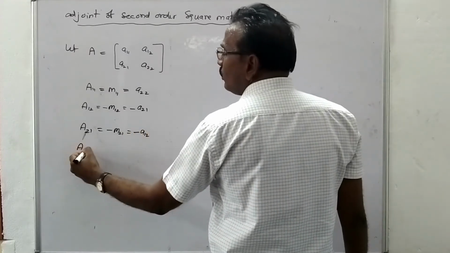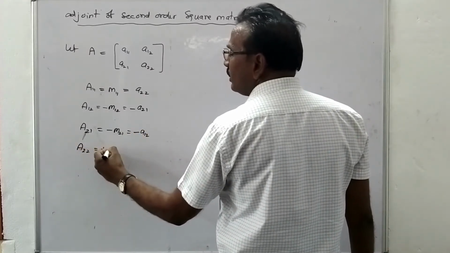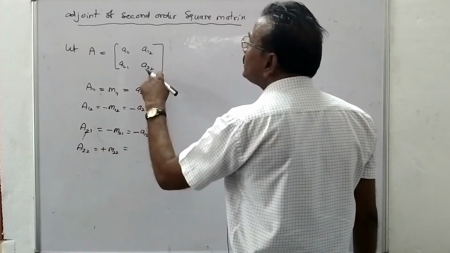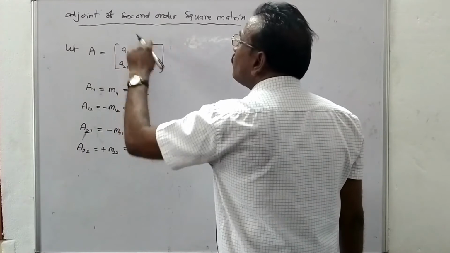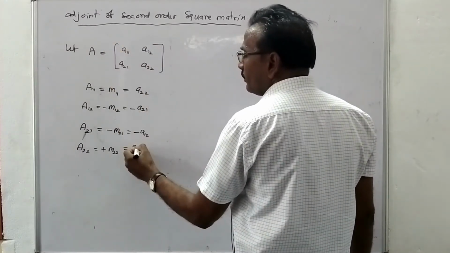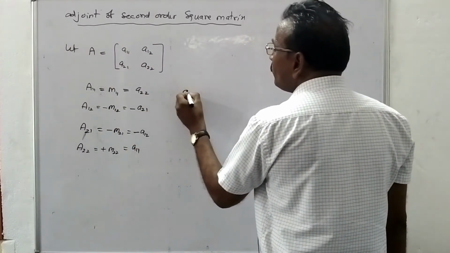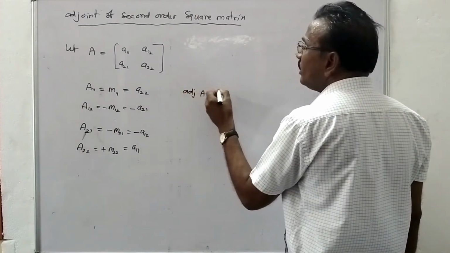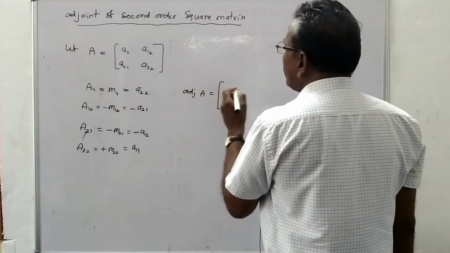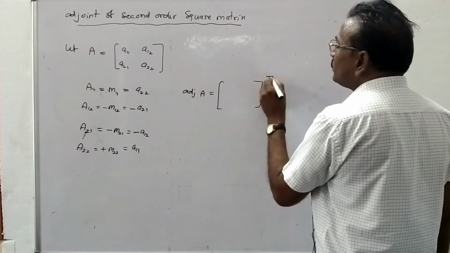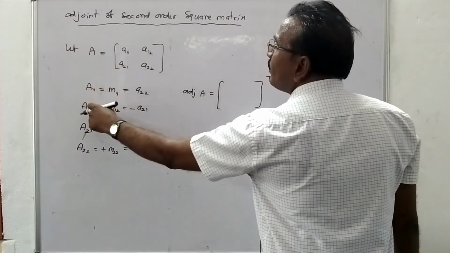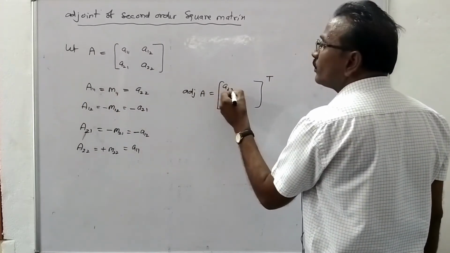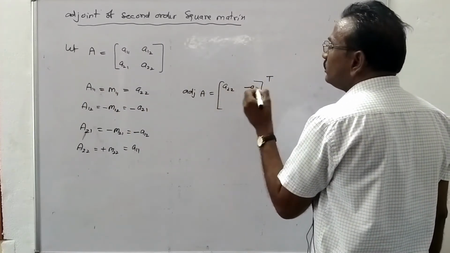Similarly, for A22 the sign is plus M22, and the minor of A22 is obtained by deleting the second row and second column, that is A11. So the adjoint of A is the transpose of the cofactors. The first row cofactors are A22 and minus A21.